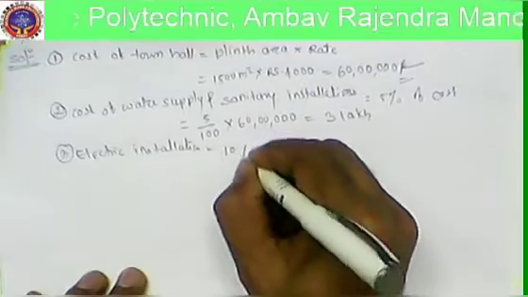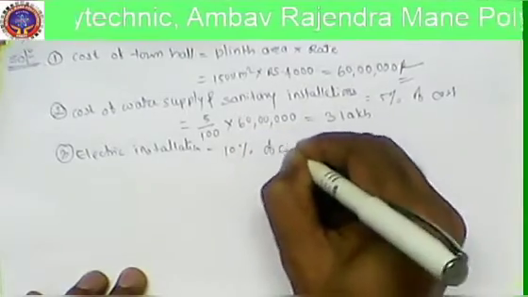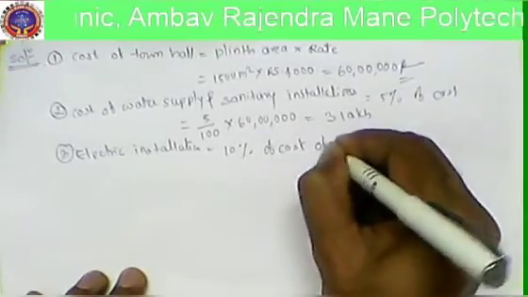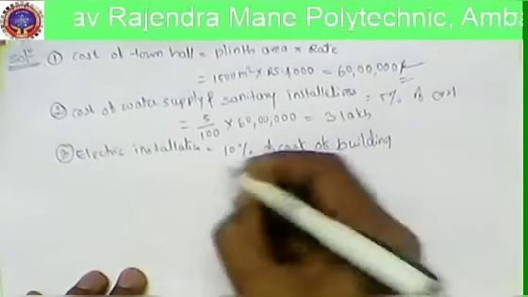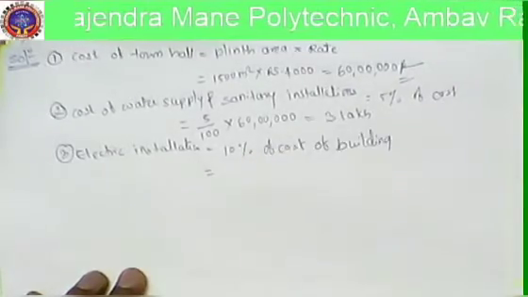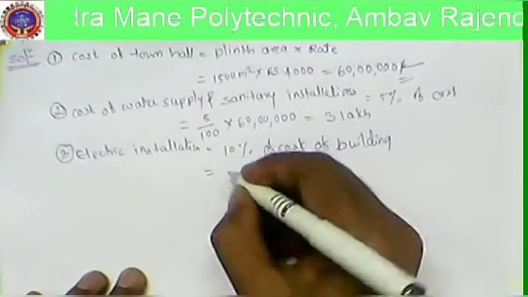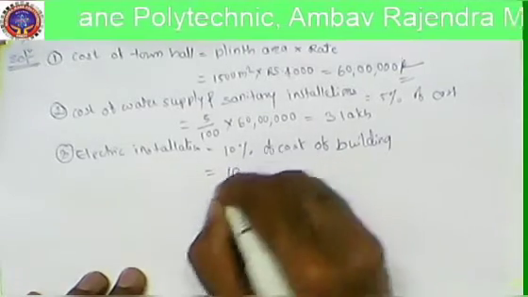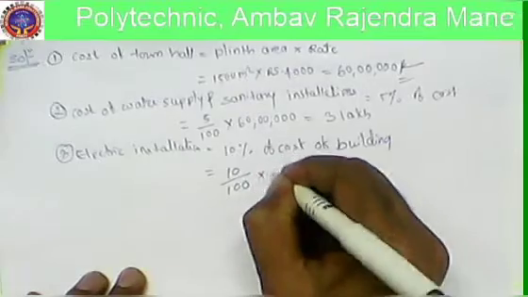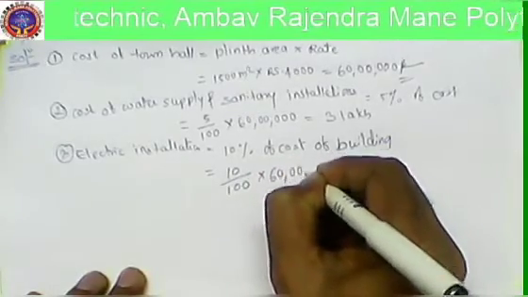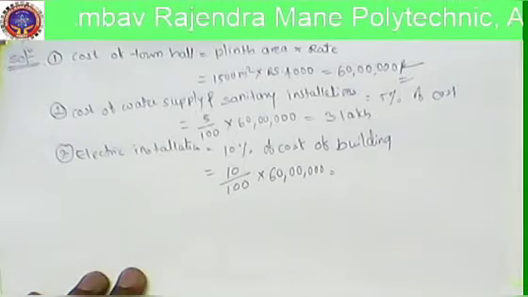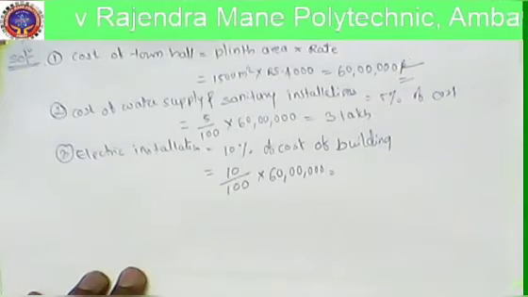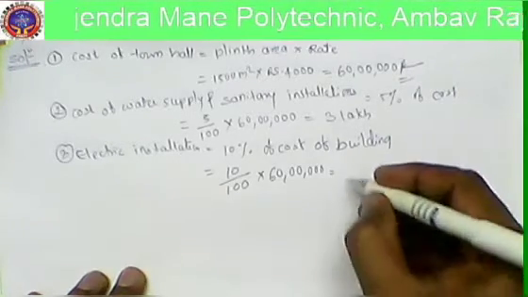So 10% of this 60 lakh. So 10 divided by 100 into 60 lakh is equal to, 10% of 60 lakh is nothing but 6 lakh.